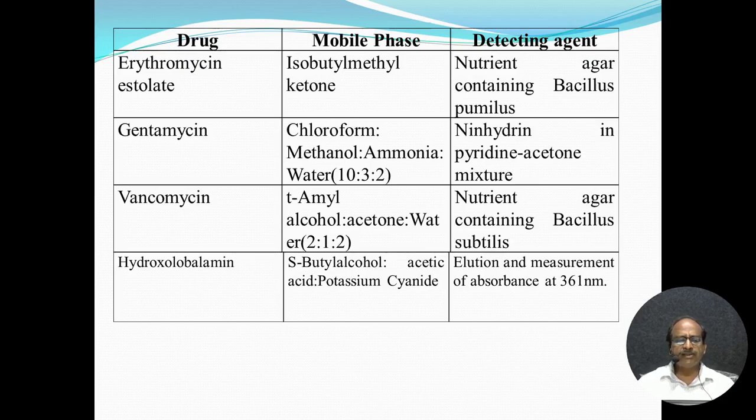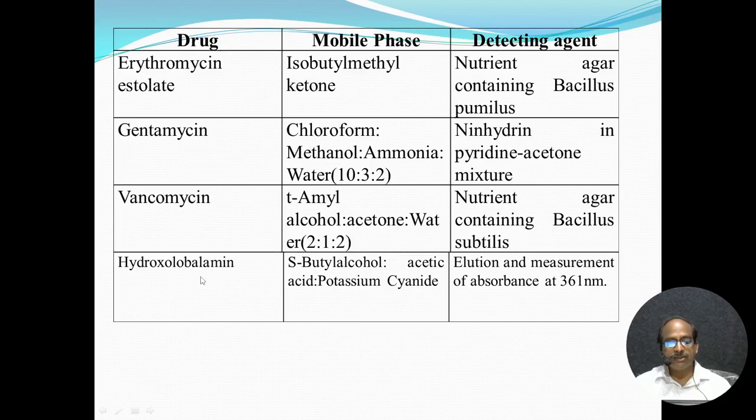Take the drug erythromycin isolate: the mobile phase is isobutyl methyl ketone, detected with nutrient agar containing Bacillus. Gentamicin: chloroform, methanol, ammonia, water in the ratio 10:3:2, with ninhydrin in pyridine acetone mixture. Vancomycin: tetraacetyl alcohol, acetone, and water, 2:1:2, with nutrient agar containing Bacillus subtilis.